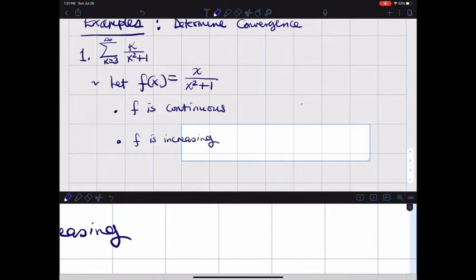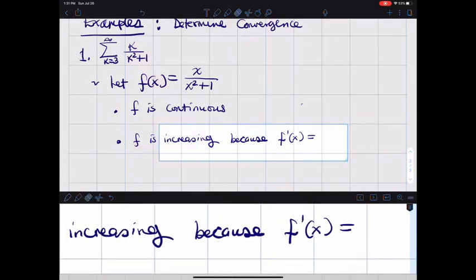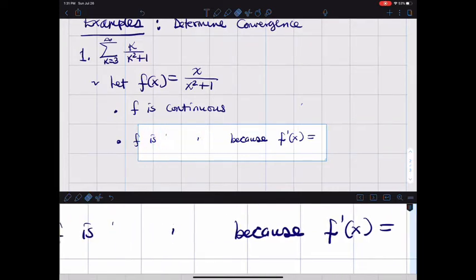F is increasing because, think of Calc 1, if you find the derivative and the derivative is always less than 0, F is decreasing. F is decreasing, we want it to be decreasing.